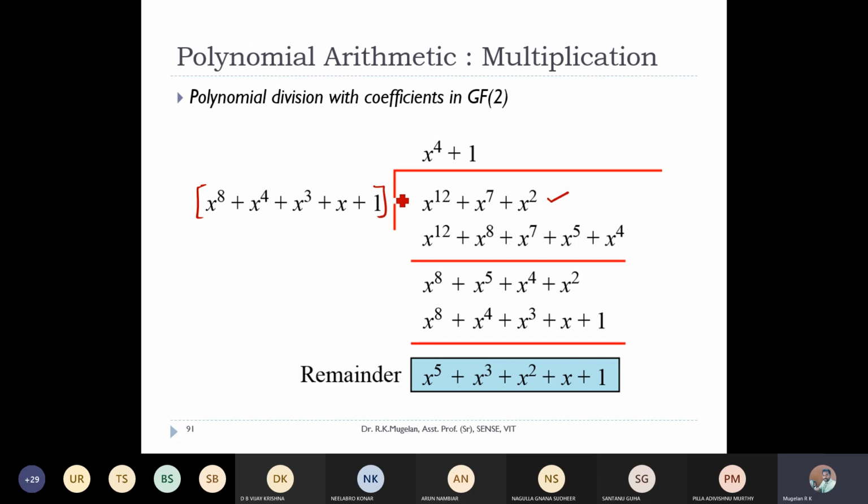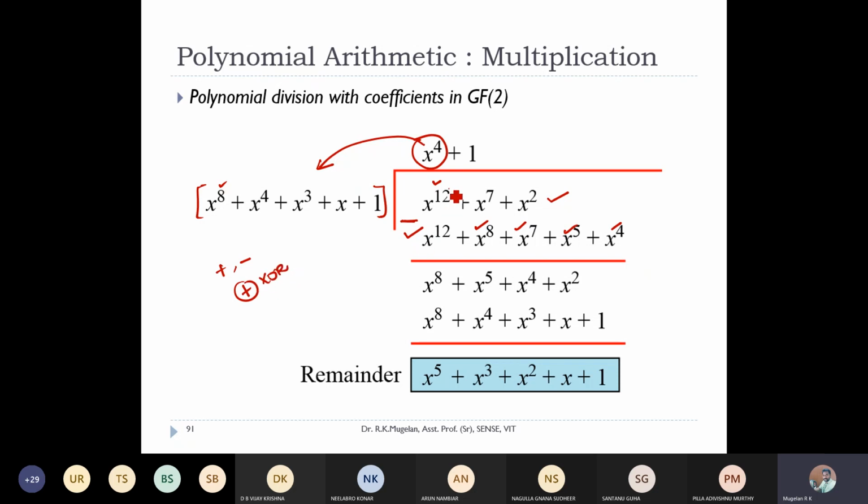Simply divide this by it. The highest degree of the irreducible polynomial is 8, and here it is 12, so I'll be multiplying with x power 4. Multiplied with this one, I'll be getting x power 12, 8, 7, 5, and 4. Now, in division generally we subtract, but as I said, in cryptography whenever addition or subtraction comes into the picture, we use an XOR operation.